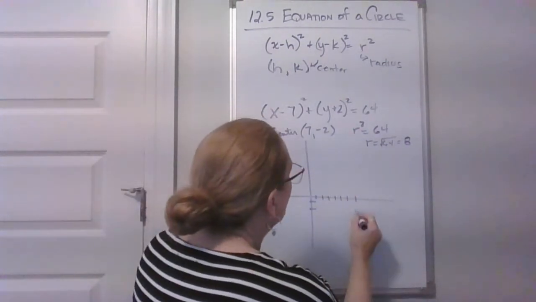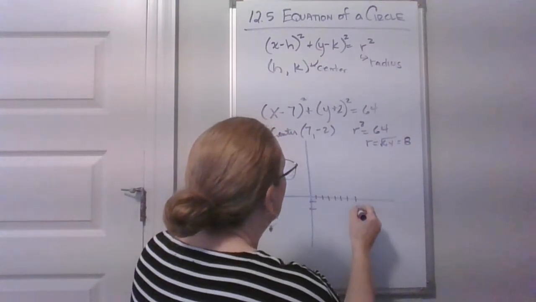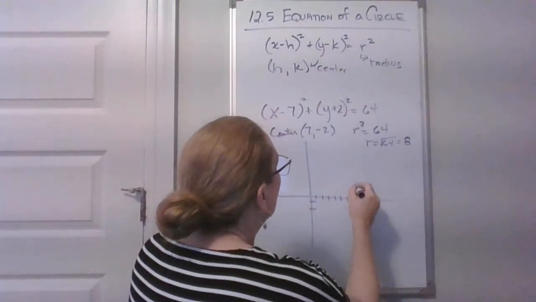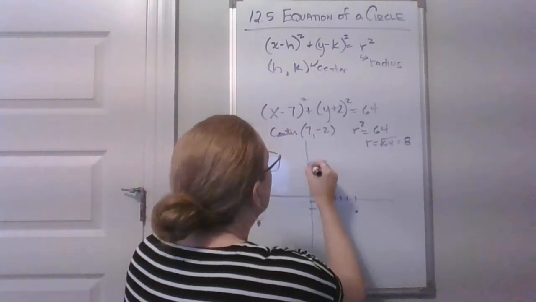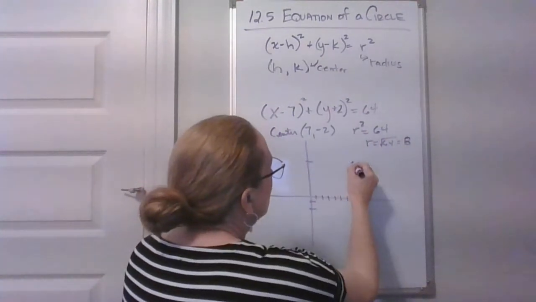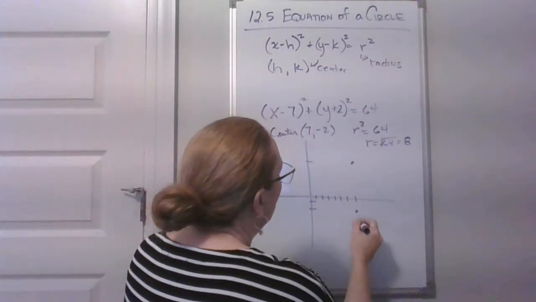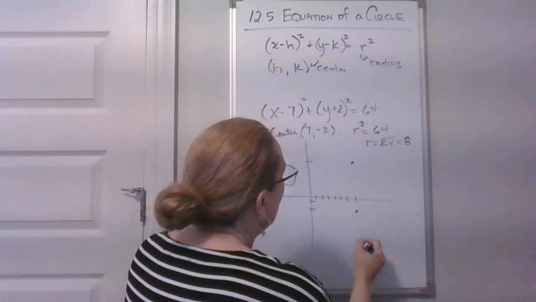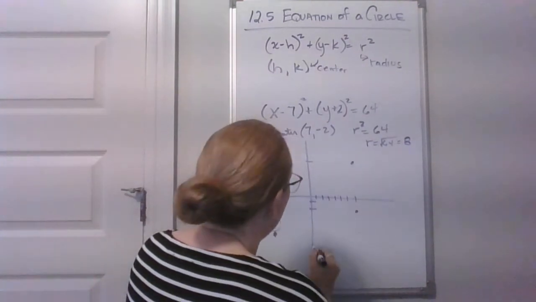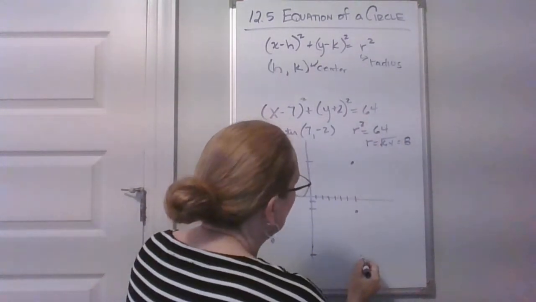So we've got going up 1, 2, 3, 4, 5, 6, 7, 8. So about 8 this way. And then 1, 2, 3, 4, 5, 6, 7, 8. So about 8 this direction.